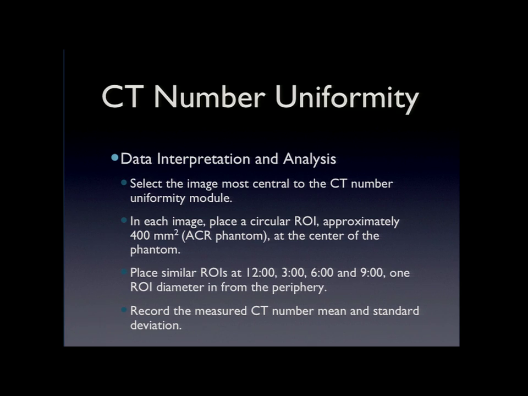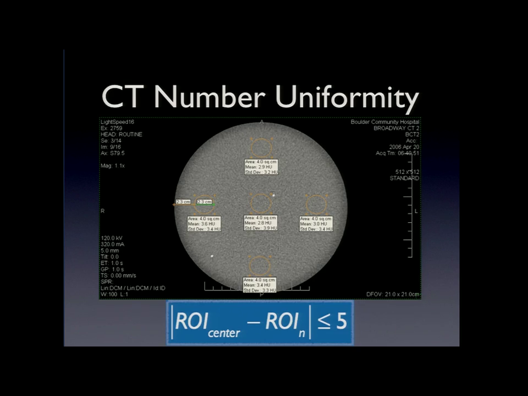Get regions of interest, and you want to go in the center of the phantom, and then on the periphery, you want to go a diameter of 1 ROI inward, and take those and put them at the 3, 6, 9, and 12 positions, and then compare the CT numbers of water and make sure that the differences of any of these don't differ by more than 5.